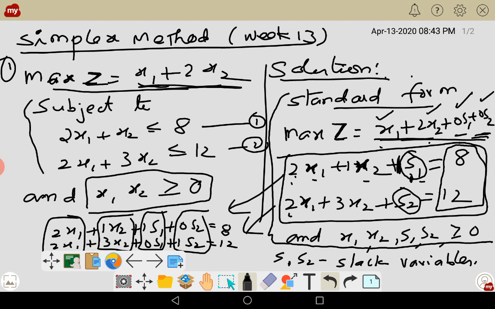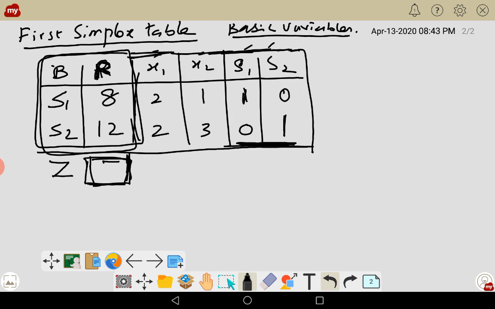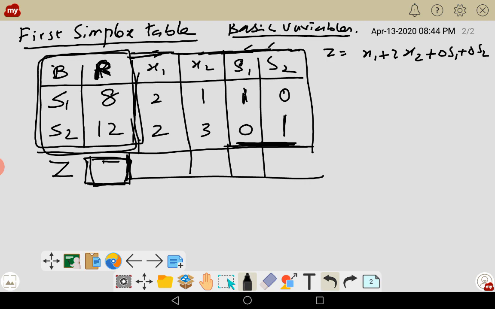All these coefficients should be written against those variables in negative sign. Z is x1 + 2x2 + 0s1 + 0s2. So the s1 and s2 columns will get zeros. x1 and x2 will be 1 and 2, but we write them in opposite sign. This is what you have to do first.